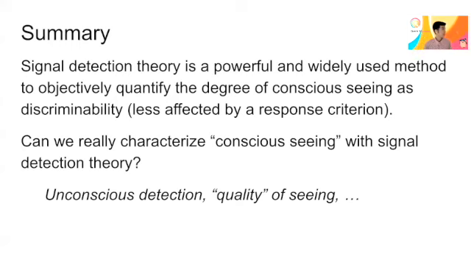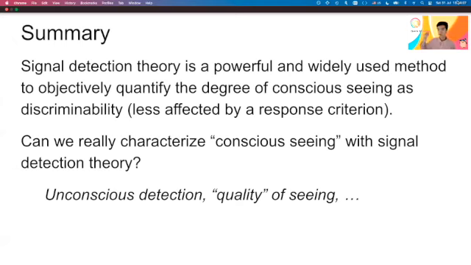Like, let's say, seeing of red versus green. It's not possible to just measure by d prime, because after some stimulus difference, it always becomes totally visible, so it can't quantify different kinds of seeing.